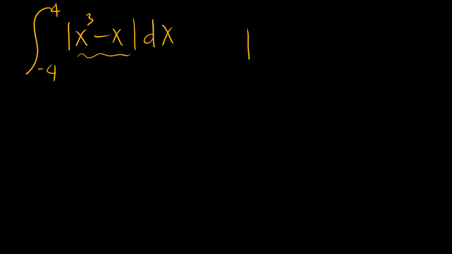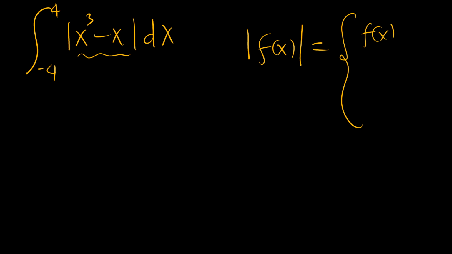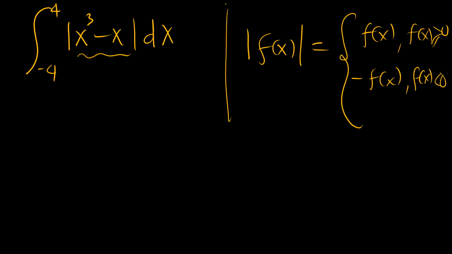And an absolute value of a function of x is equal to f(x) when f(x) is greater than or equal to 0, but negative f(x) when f(x) is less than 0. That's one important thing to note.